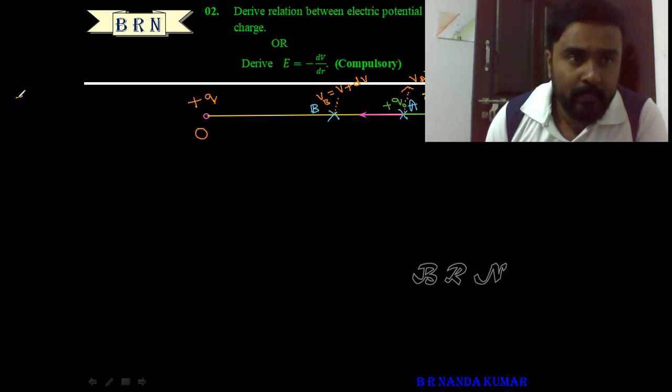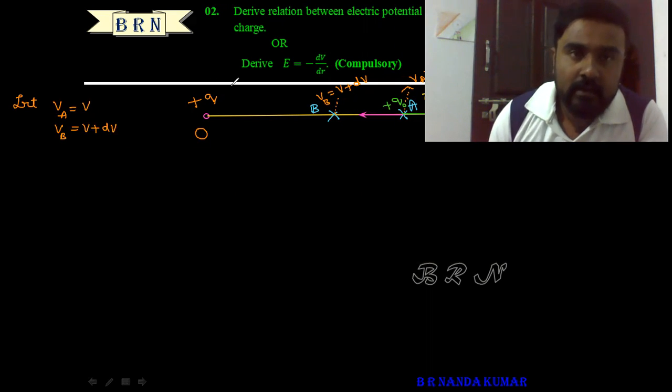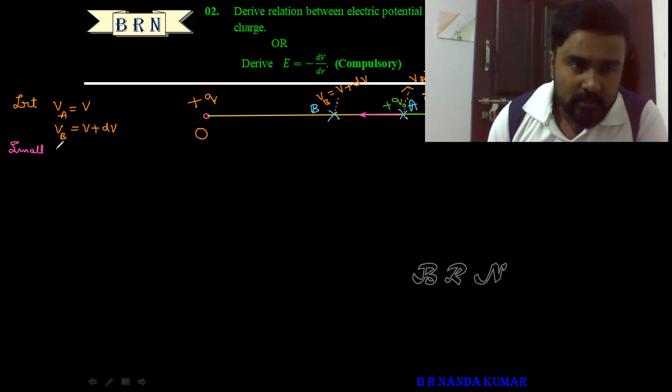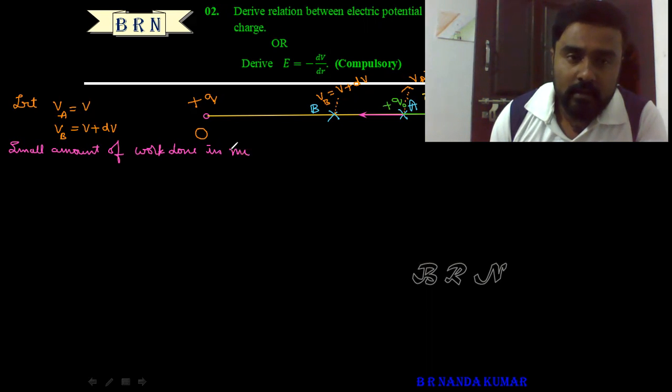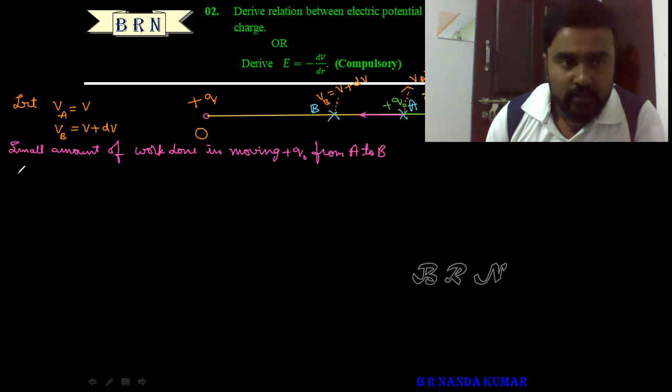First step, let us consider VA is equal to V, VB is equal to V plus dV, and a small amount of work done in moving plus Q naught charge from A to B through a displacement dr, that is against the F vector.